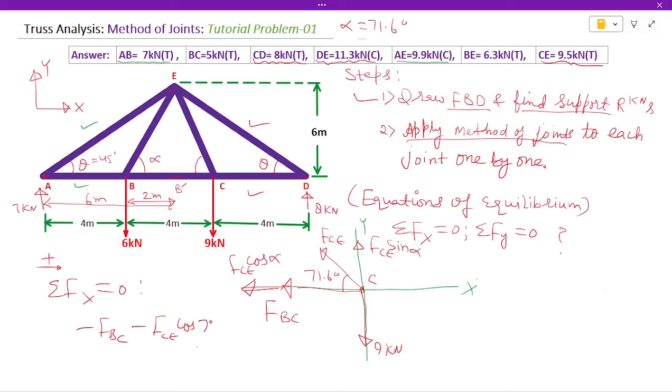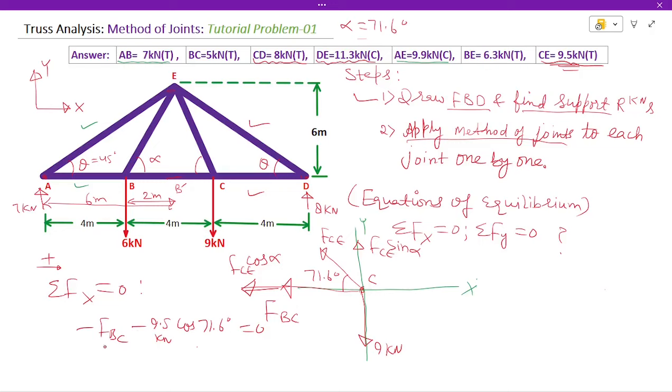Cosine of alpha, with alpha 71.6 degrees. These are all the forces in x, so we equate it to 0. Now force in CE is how much? It is 9.5, right? We already found it before. So this is going to be 9.5 kilonewton.